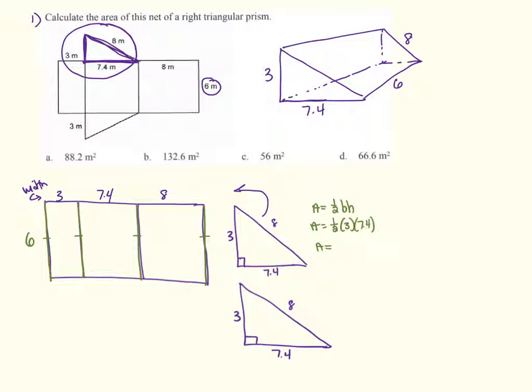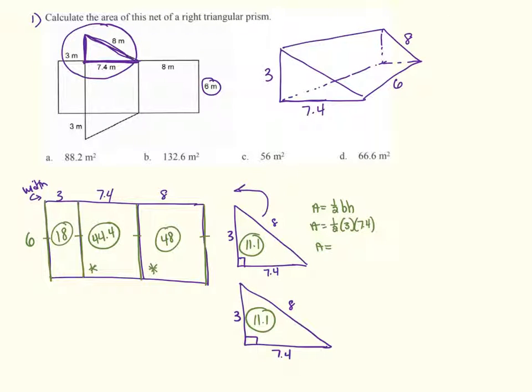So go ahead, calculate the area of both triangles and the area of each rectangle. For instance, 6 times 3, that's 18. Then take 6 times 7.4 to find the area of this rectangle, and 6 times 8 to find the area of this rectangle. Find the area of those items, push play so we can go over how to find the total surface area.